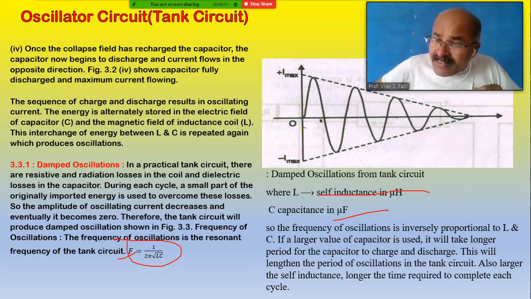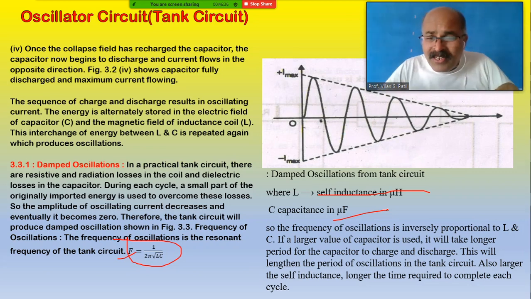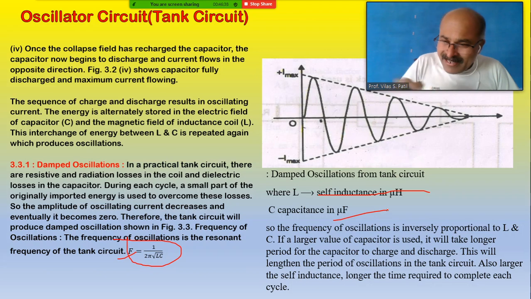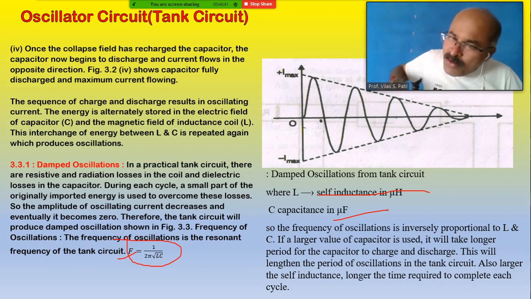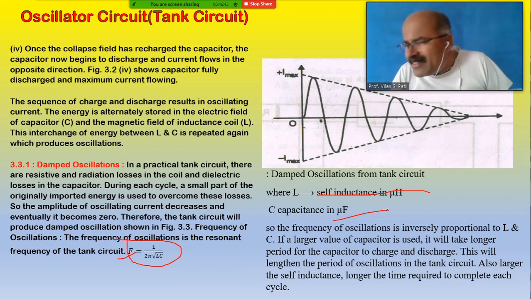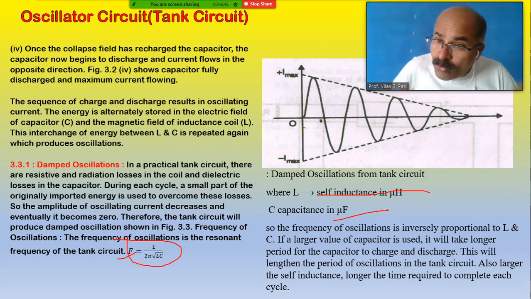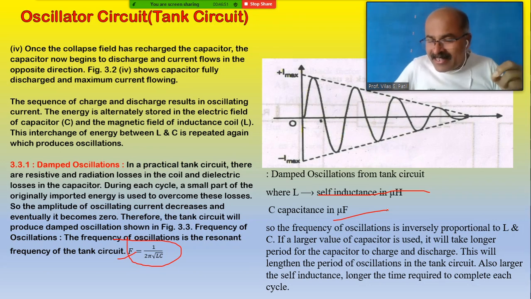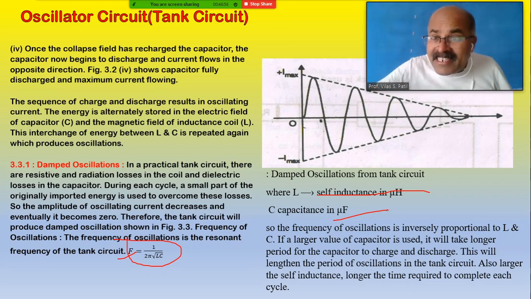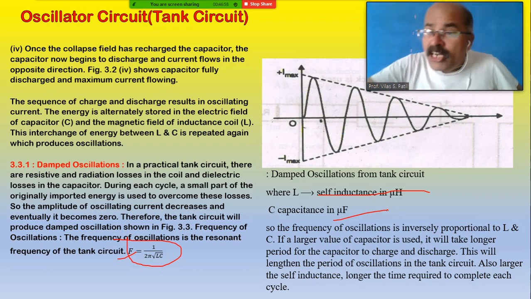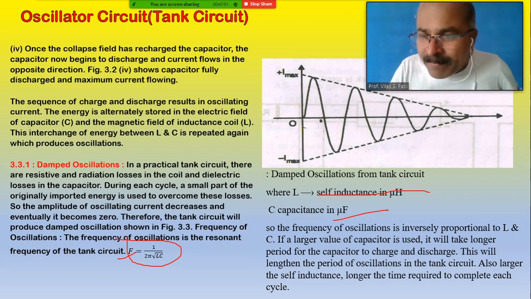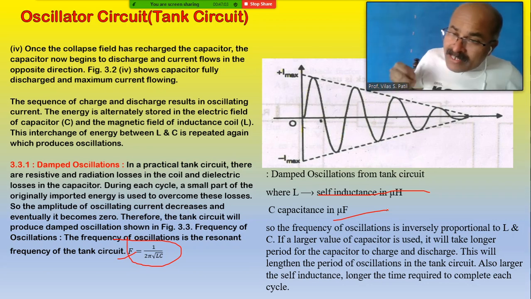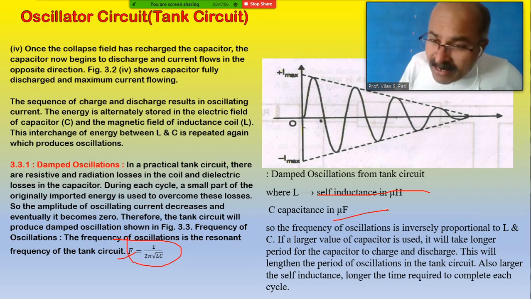If we use a variable resistance, a rheostat, and vary it, the resistance changes. Similarly, if we use a variable inductance and vary it, the magnitude of the inductance in Henry changes. Also, we can use a variable capacitor.